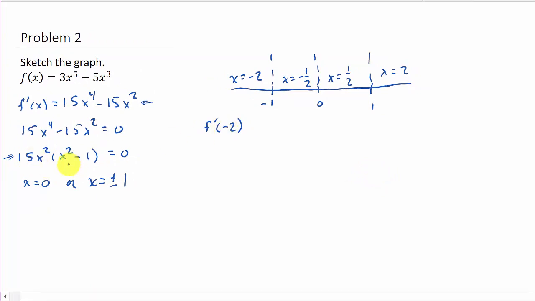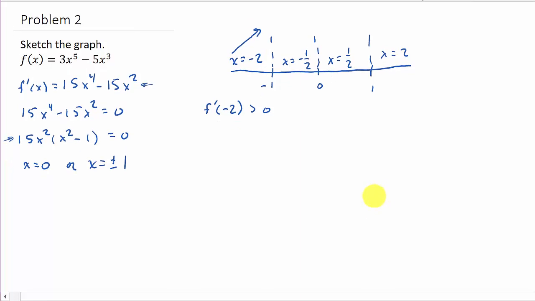And then if I plug the -2 in here, that's 4 minus 1, which is positive. So this is a positive number here, and this is a positive number here. A positive times a positive is positive, so that's greater than 0. Since I took a number from this region and plugged it into the first derivative and got a positive number, that means the function's increasing on this interval.